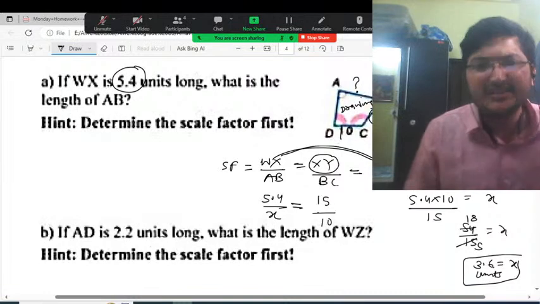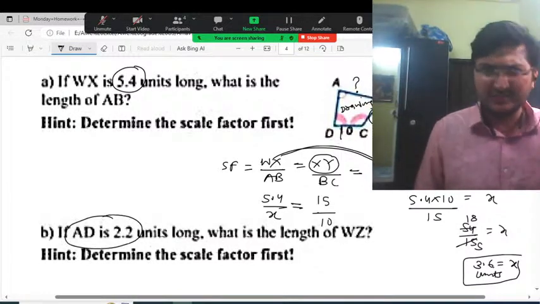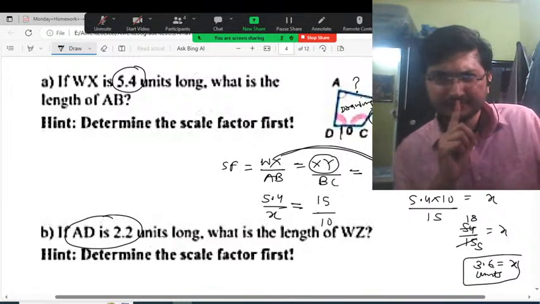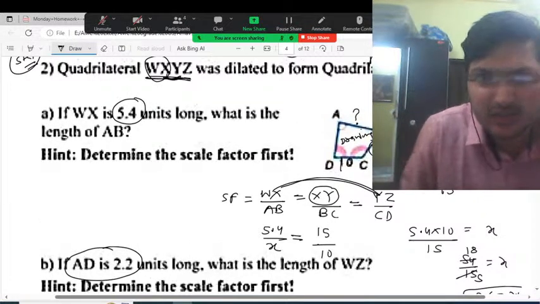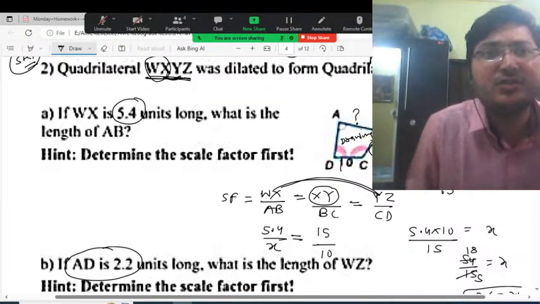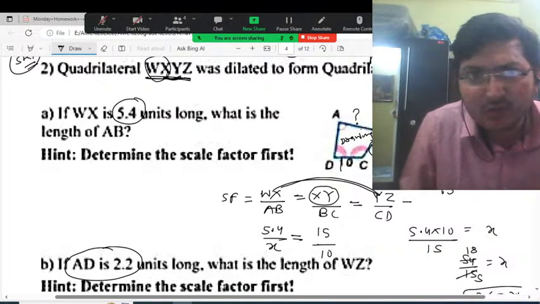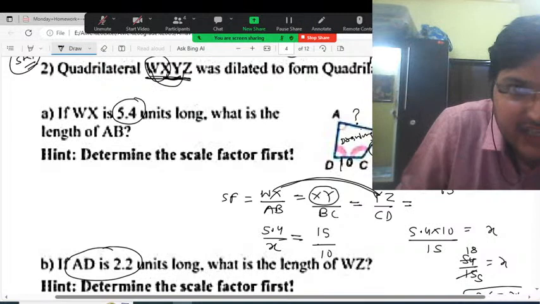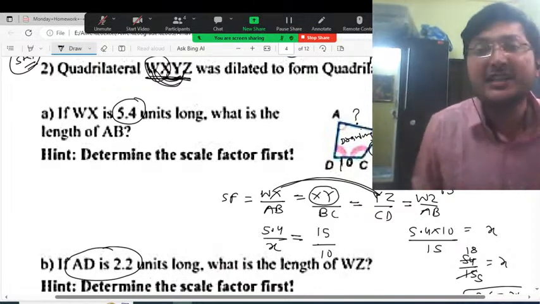Okay. Similarly, we have another question: if we are given AD, can you answer WZ? I want you to answer it, because here you can just say that WX over AB is equal to XY over BC and YZ over CD, and one more thing, WZ should be equal to AD, because in similar figures corresponding sides are proportional.